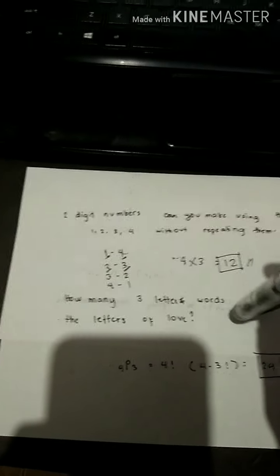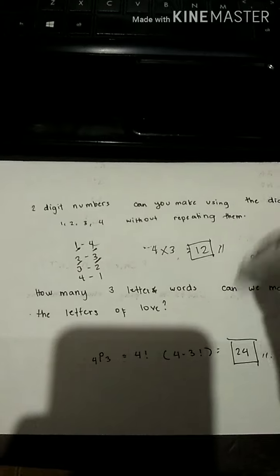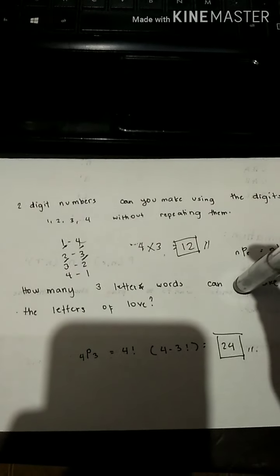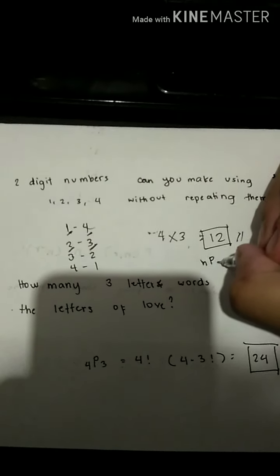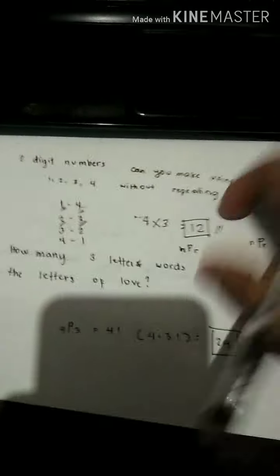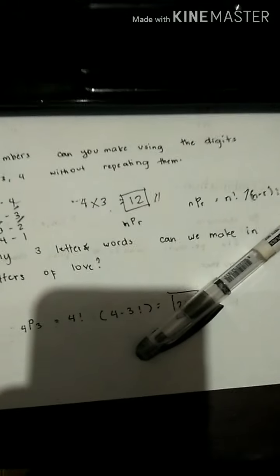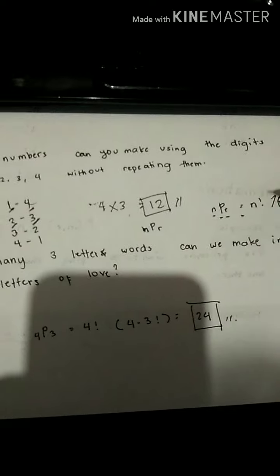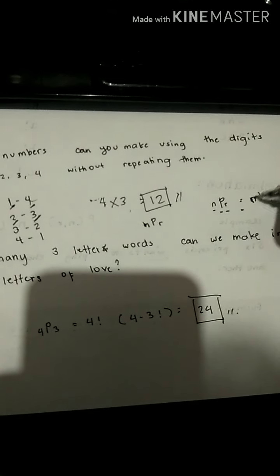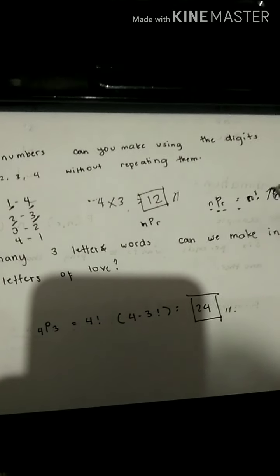In general, permuting r items out of a set of n is written like this: nPr. And the formula is given by nPr equals n factorial divided by (n minus r) factorial.